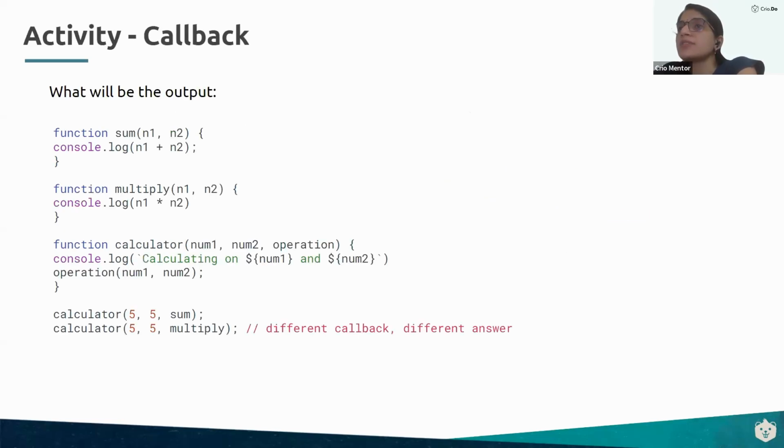Now just try out this activity to get clear with the callback. It will be much more clear now. I have two different functions, sum and multiply, and then I have one more function called calculator. Now tell me what output I'll have for the two function calls at the bottom. Write your answers together and drop them up. 10 and 25.